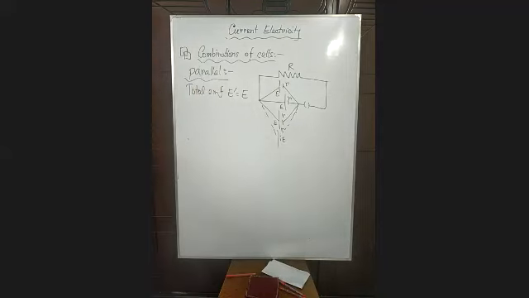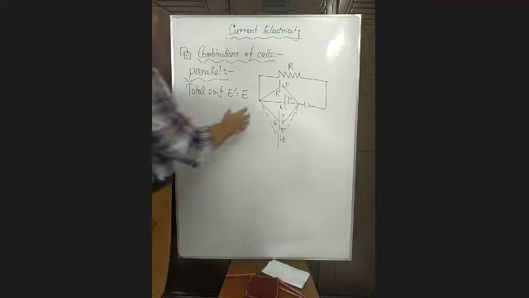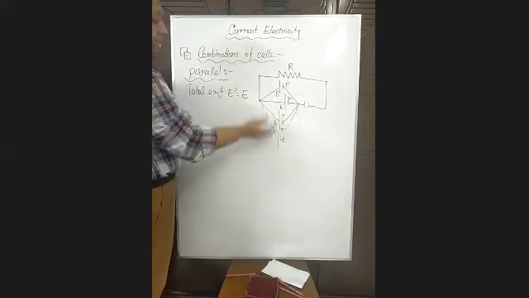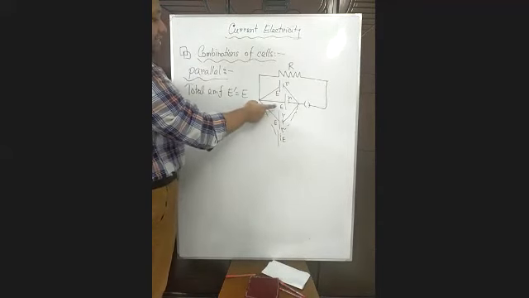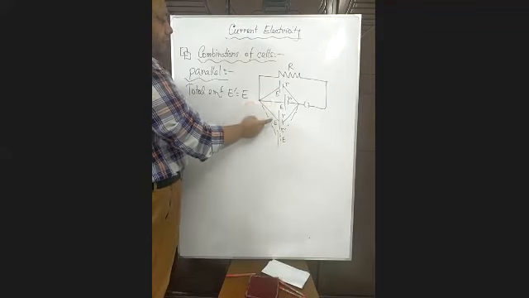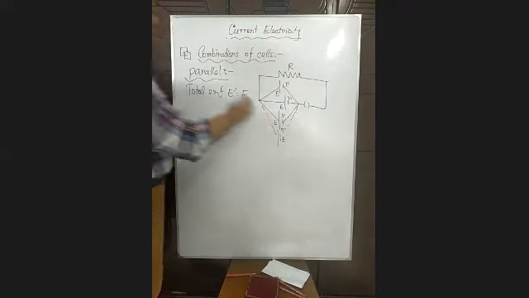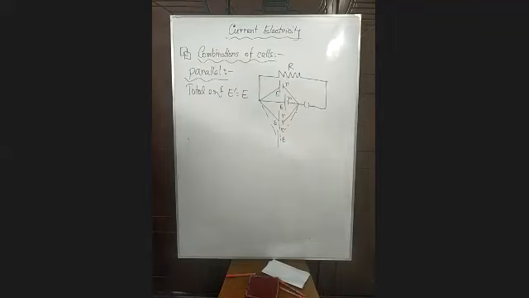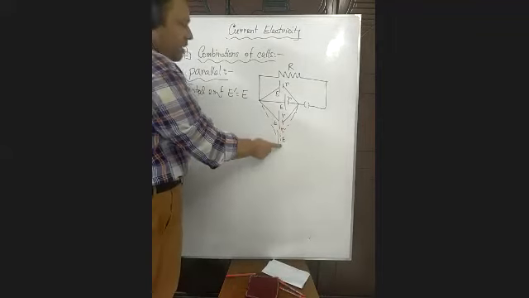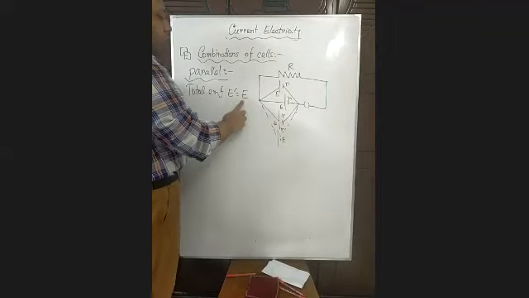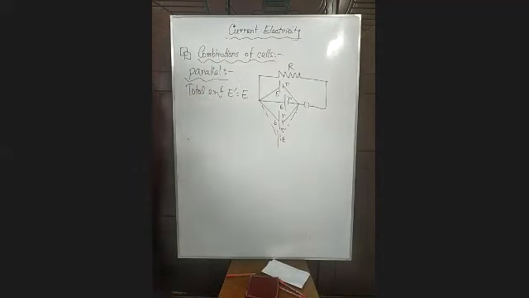Now I can explain to you. When you are giving a combination of parallel in such a way that all of these electromotive forces are equal and they are connected in parallel combination, at that time, for equal EMF and equal resistance, only one cell will be acting for flowing current through the circuit.